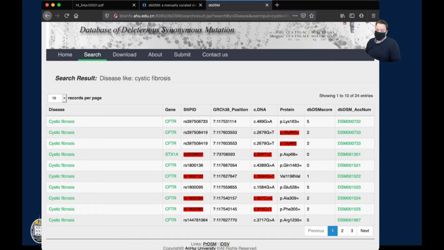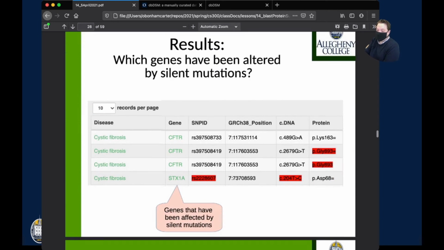This is cystic fibrosis data, so that means that some person had to have exhibited this particular gene in order for this gene to be uncovered. Somebody had this issue. You can go back to the slides and get this page. What's interesting is that you see these genes running up and down the page, and these are the genes which have been affected by silent mutations.